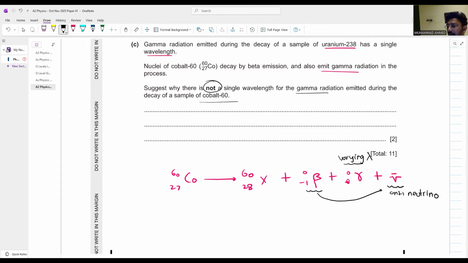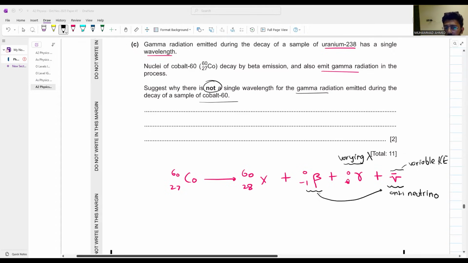What will you say? You will say the antineutrino produced during the beta negative decay has variable kinetic energy. Since the antineutrino has variable kinetic energy, the gamma ray photons will have variable energy, hence variable wavelengths.